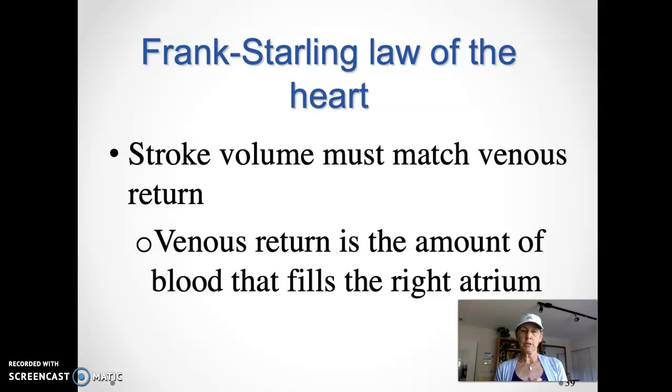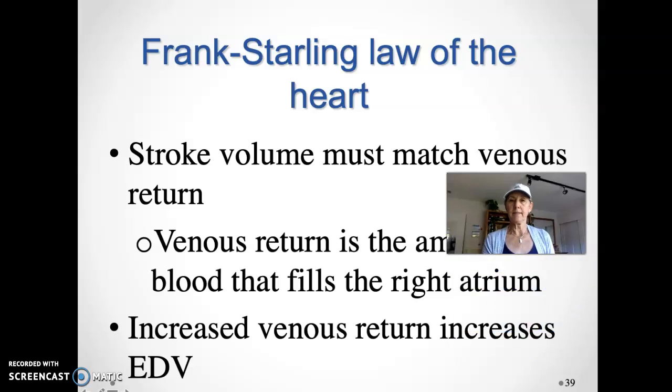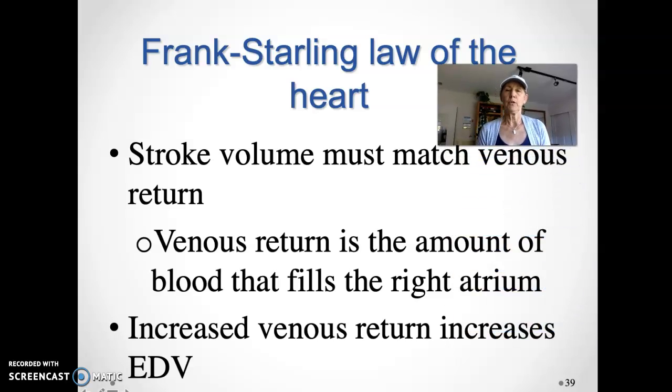So as a definition I put there for you, venous return is the amount of blood that fills the right atrium. So an increased venous return increases the end diastolic volume. So let's think about that a little bit more. If you have increased venous return, all of a sudden you have more blood coming. And why would that be?